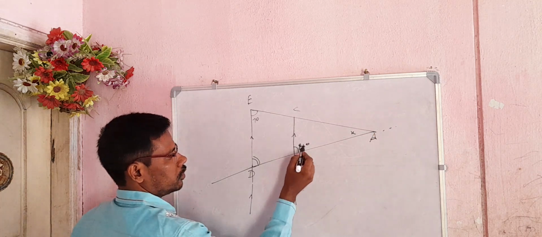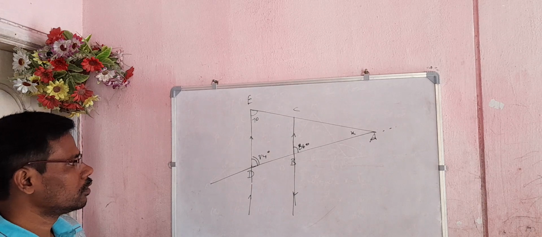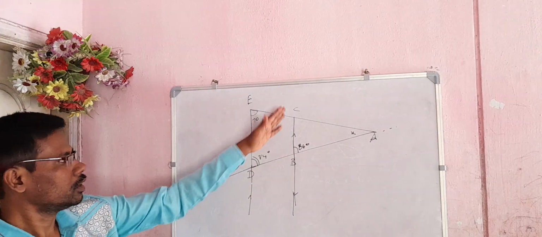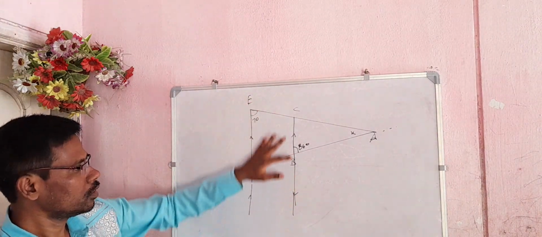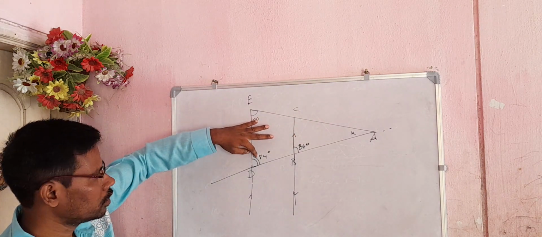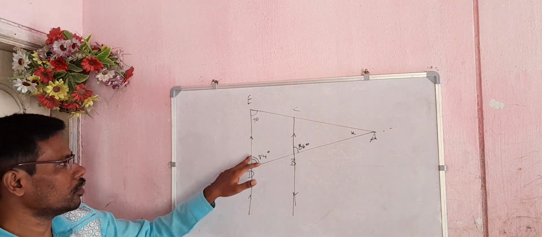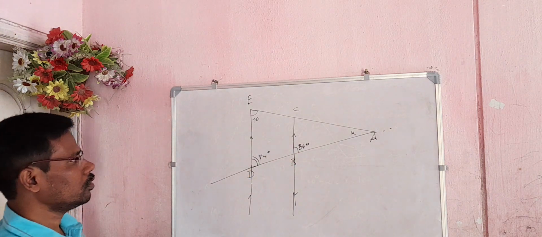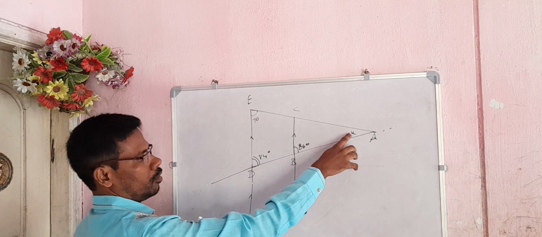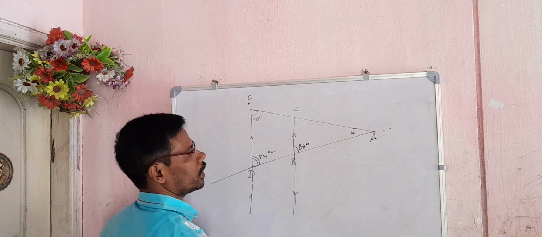Imagine this is the transversal. If this is 84, this should be 84. Are you getting my point? These two are parallel lines. One is an exterior angle, one is an interior angle, so they are lying on the same side of the transversal. So if this is 84, this angle is 84. Now 70 plus 84 plus x is 180 degrees, the sum of the angles of a triangle.